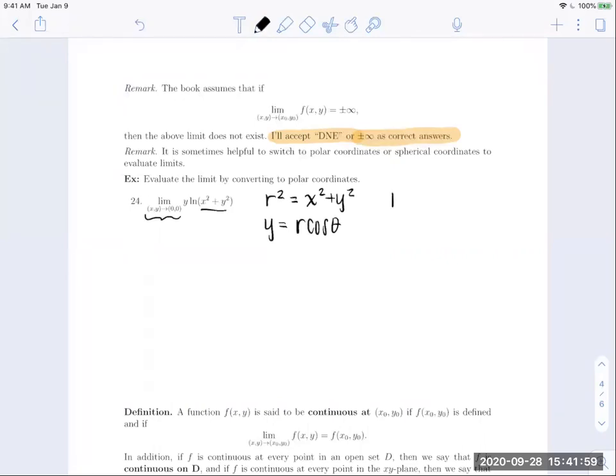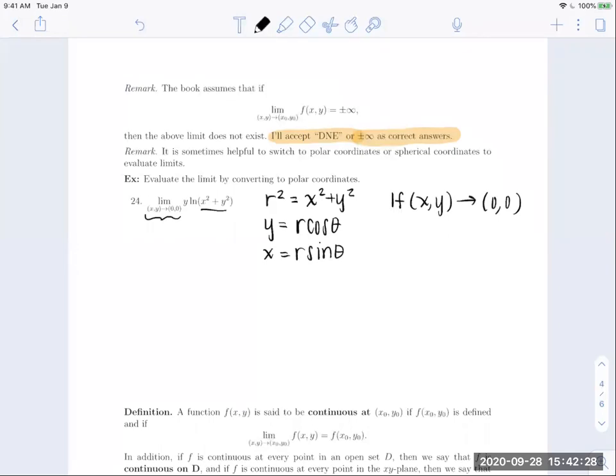So if we know that (x, y) is approaching (0, 0), then what must be true? So if y is r cosine theta and x is r sine theta, the only way that both of those could be approaching 0 is if r is also approaching 0, because both sine and cosine cannot equal 0 at the same time, right?